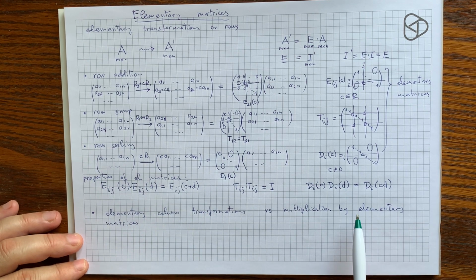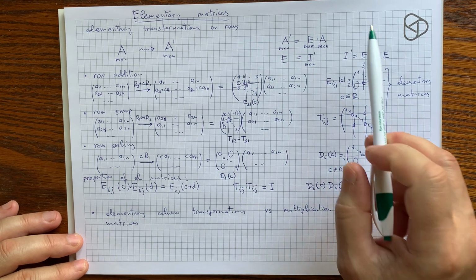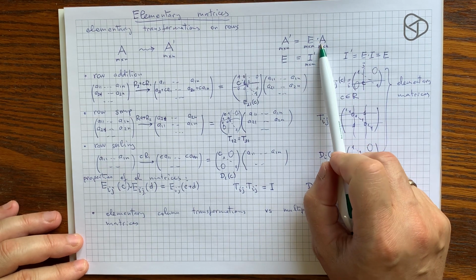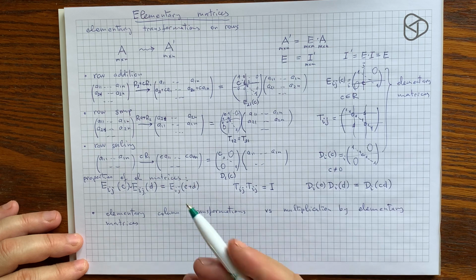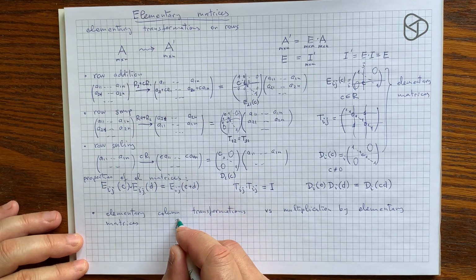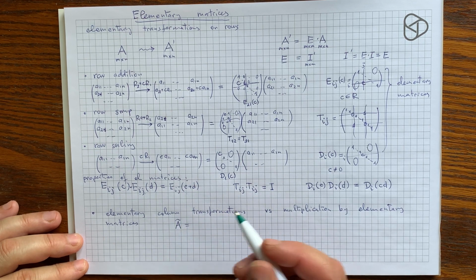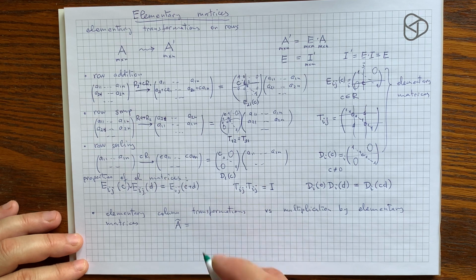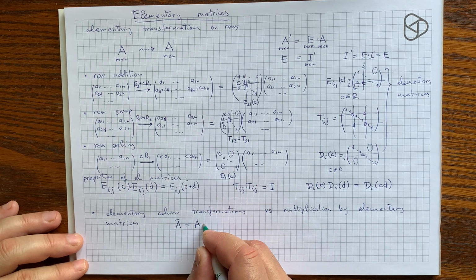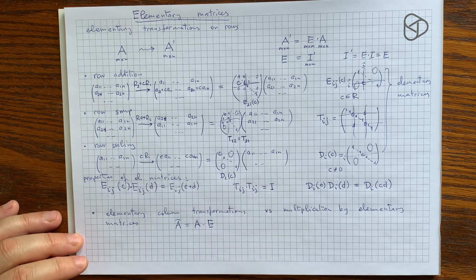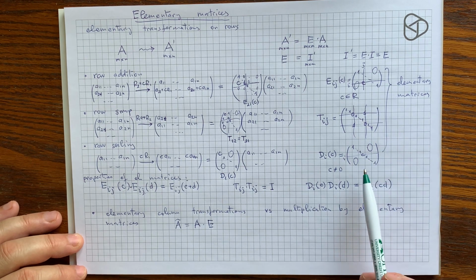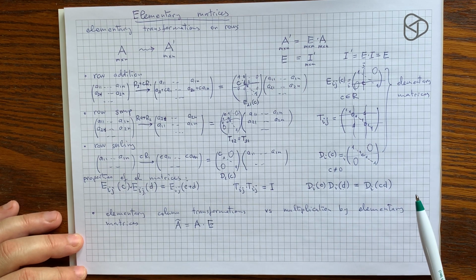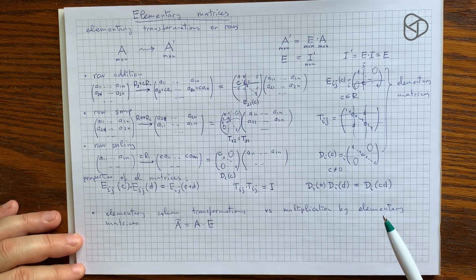But this time, the product will have to be in the opposite order. So this is the result of column transformation on A. It will be possible to write it as a product of A and the same type of elementary matrices, but from the right. So that is my prediction.